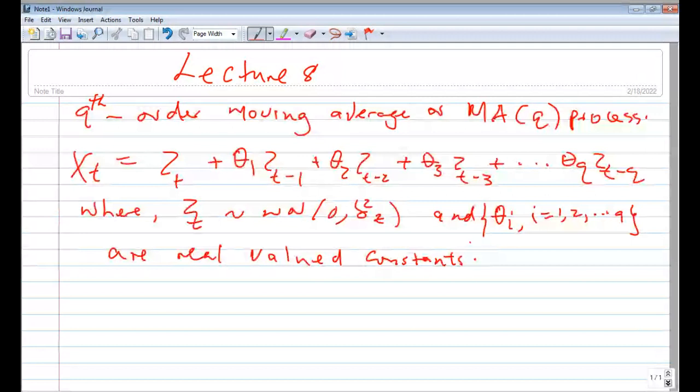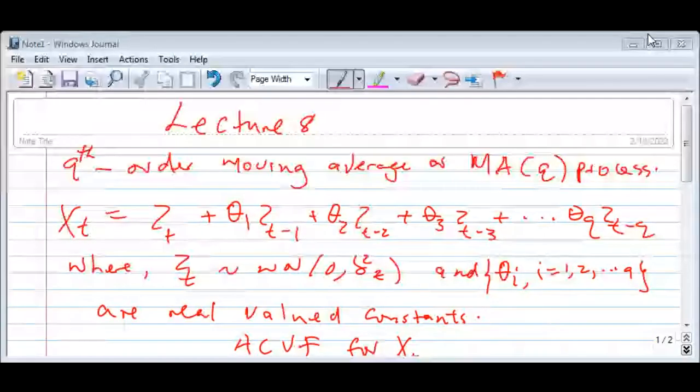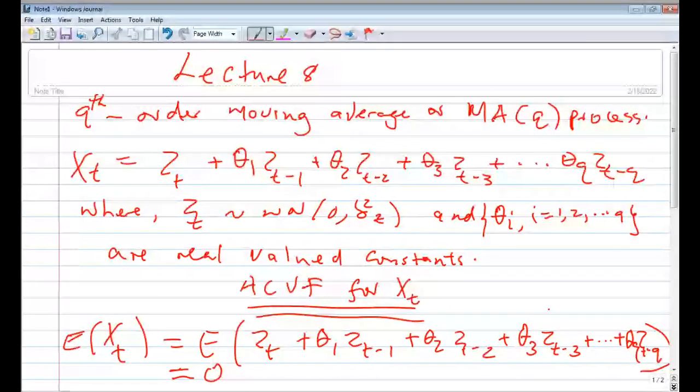Okay, wait, I'm still connecting. Can you see my window now?